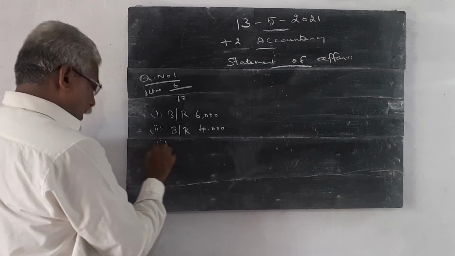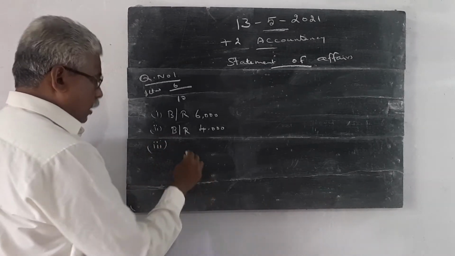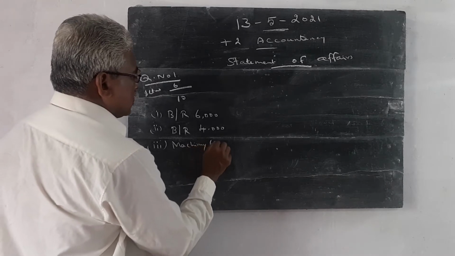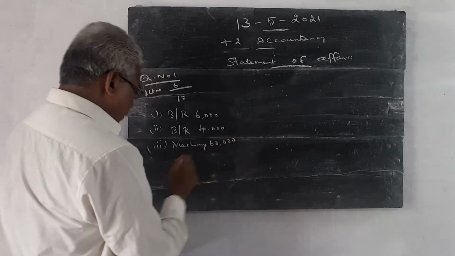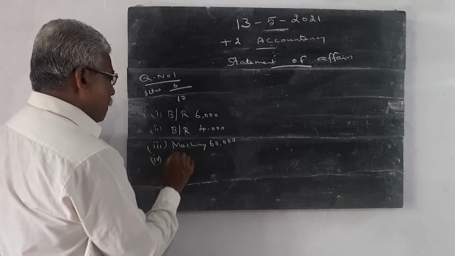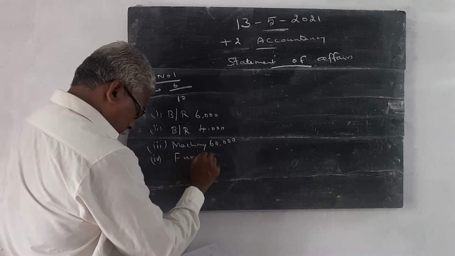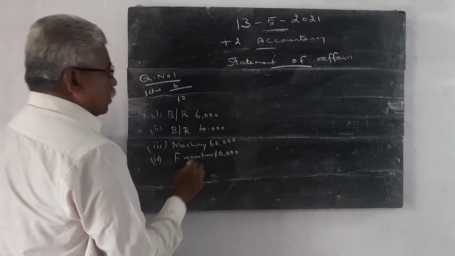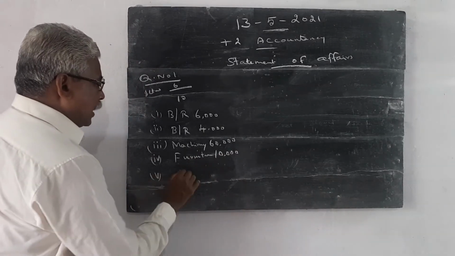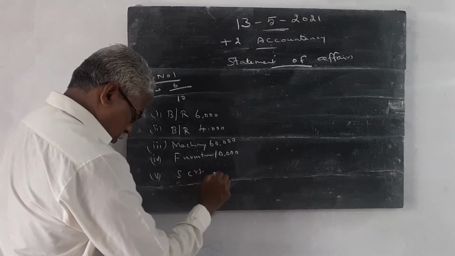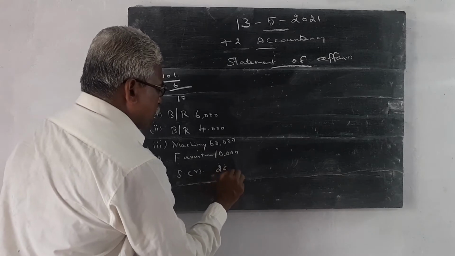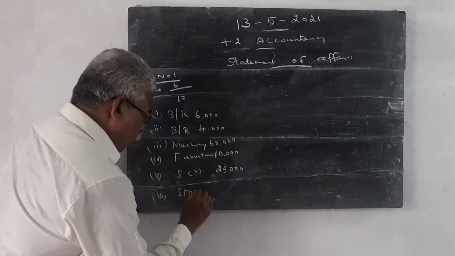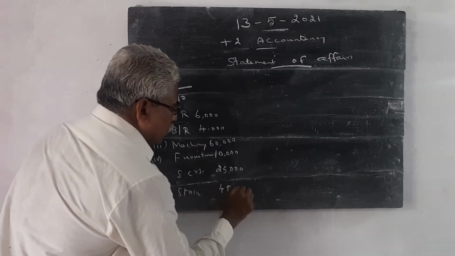Point number 3, machinery 60,000. Then furniture 10,000. Then point number 5, sundry creditors 25,000. Number 6, stock 45,000.